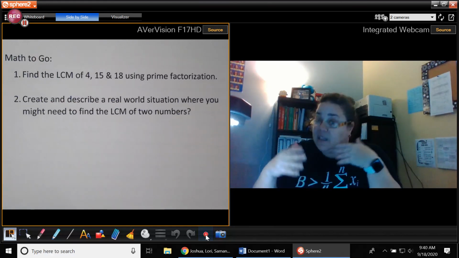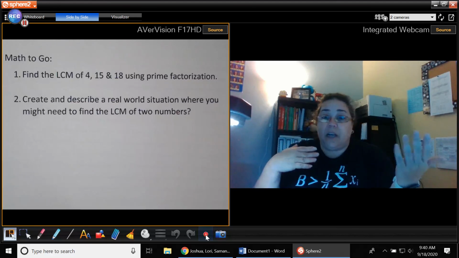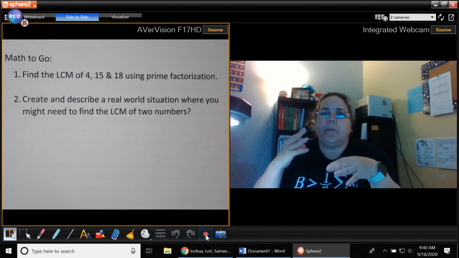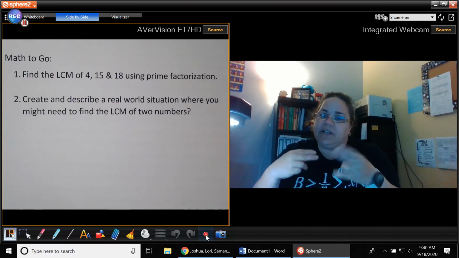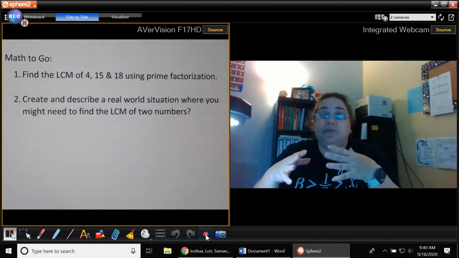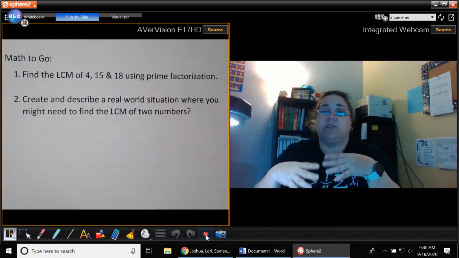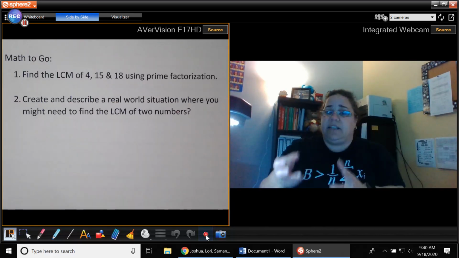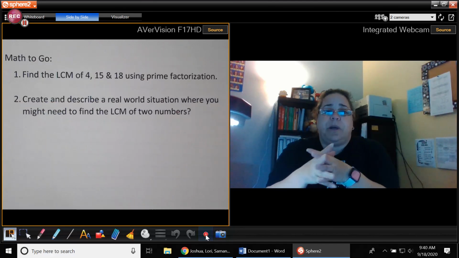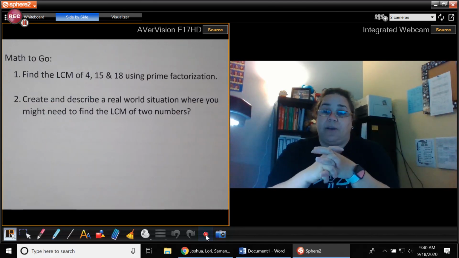I just used the reading a book situation, so don't use the same situation I used, but try and think of a different situation where you might need to figure out the LCM. So you and your friend are doing this, or you're collecting this, and try and think of ways where you might need to use the LCM in real life, okay?